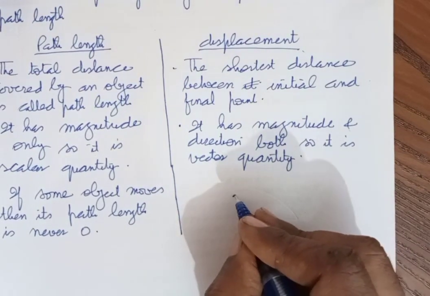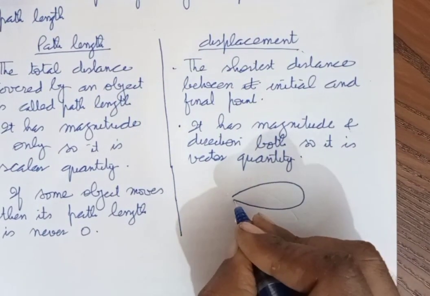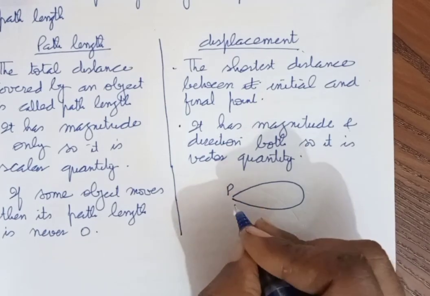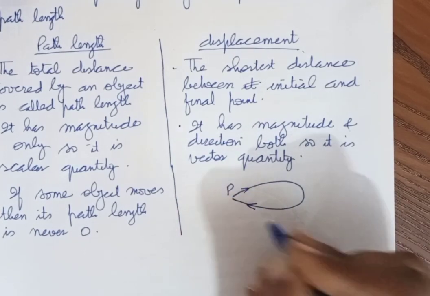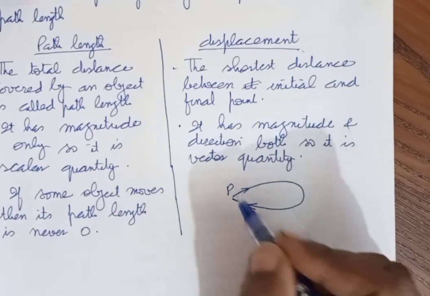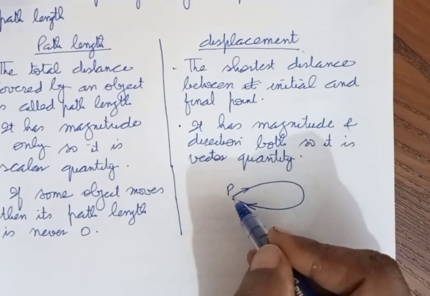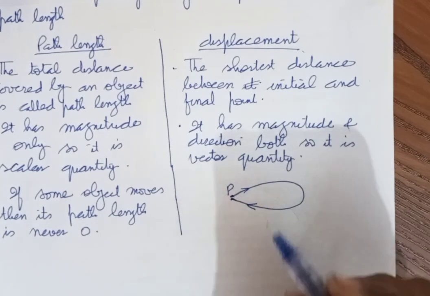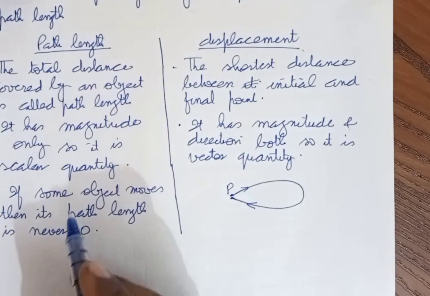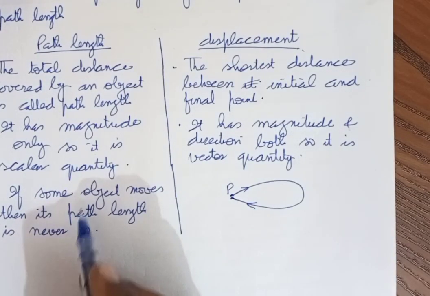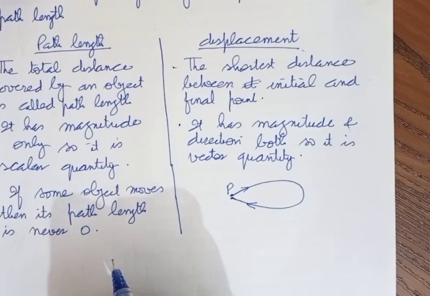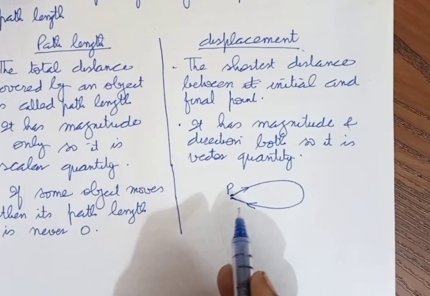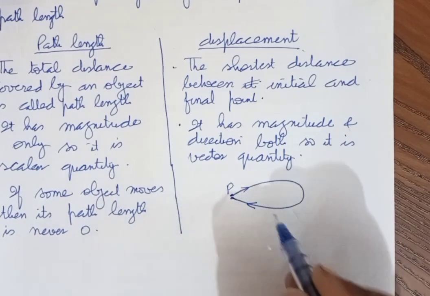However, if some object moves and returns back to the initial point, then its displacement is zero because the initial and final points coincide.